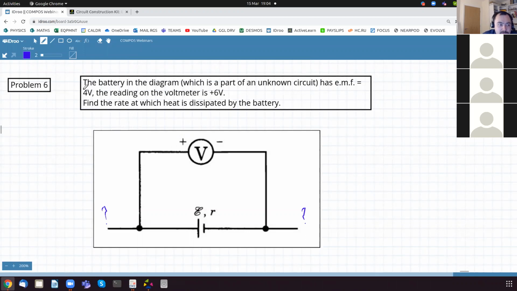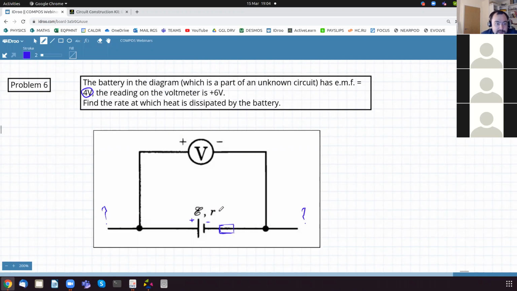Oh, the battery is 4 volts, and it has internal resistance. There's no current through the voltmeter. The voltmeters are designed not to have current in them. Therefore, there must be a current flowing.